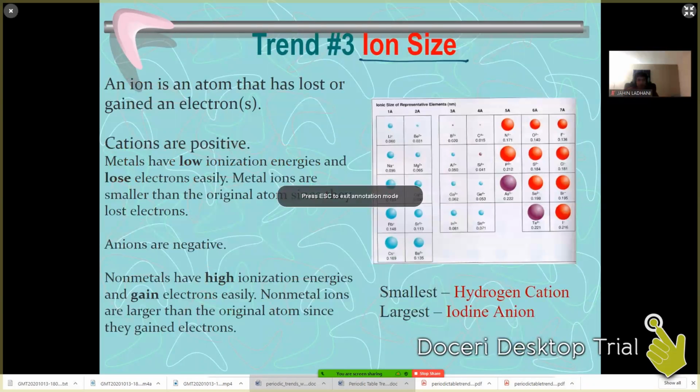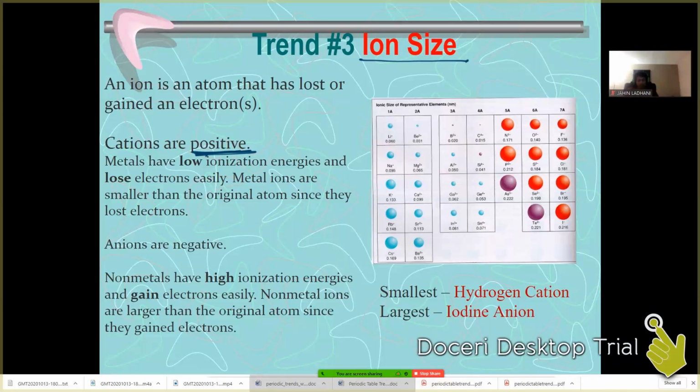Next one is ion size. We know that an ion is an atom that has lost or gained electrons. Cations are positive. And remember, cations are formed by metals, and metals have a low ionization energy and they lose electrons easily.